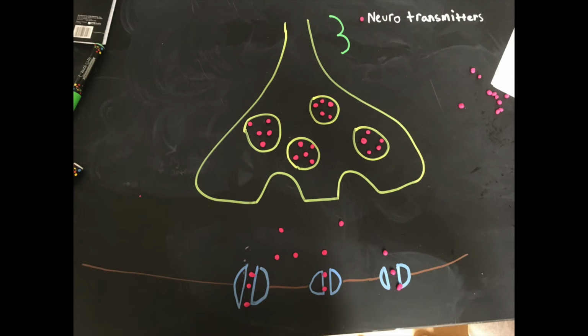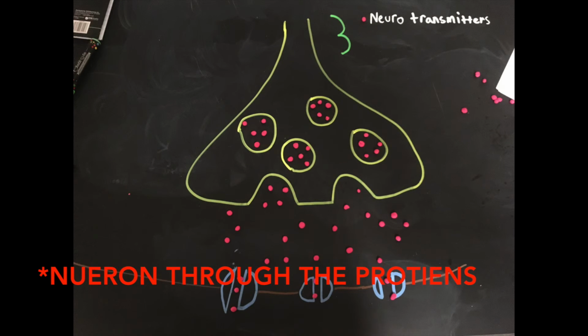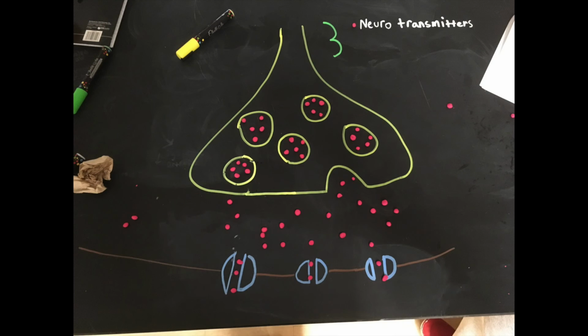As the message is being sent, the neurotransmitters are released by the cell, and they come out and keep increasing and coming more and more onto the cell membrane, until eventually bulk movement happens, and more specifically endocytosis, where the cell membrane engulfs the neurotransmitters and turns them into its own vesicle.